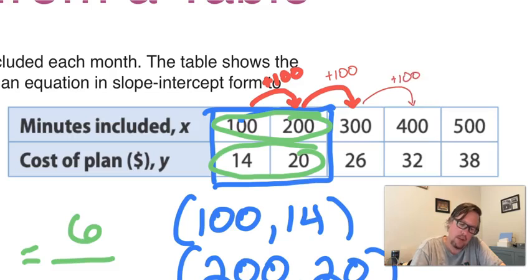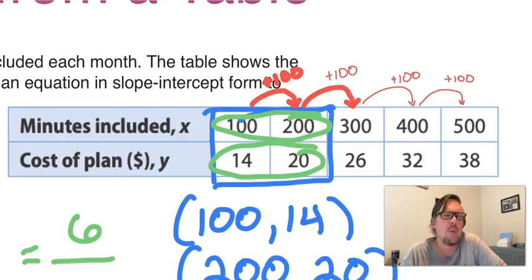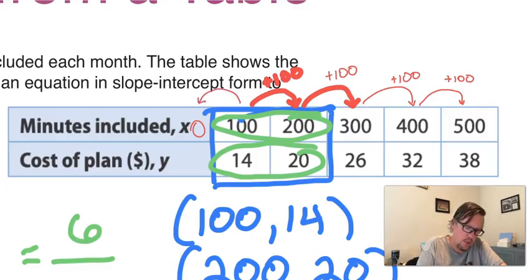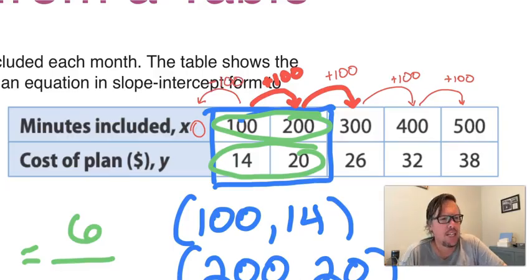Look at that, we're going up by 100 every single time. Now, what I want to know for the y-intercept is, what's the value of y when x is 0? If going up by 100 moves me to the right, doesn't it make sense then that subtracting 100 would move me down to the left? 100 minus 100 would put me at 0, wouldn't it?